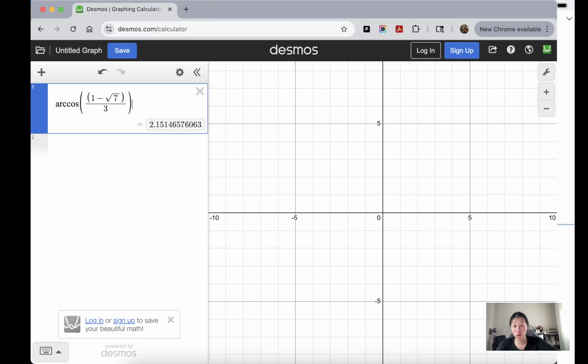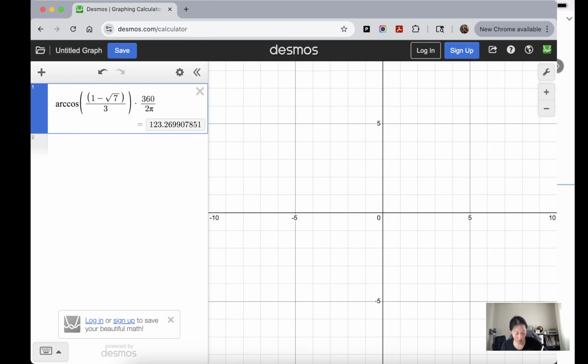This is equal to 2.151 radians. So that means we need to multiply by 360 degrees over 2 pi, which gives 123 degrees for the first solution.